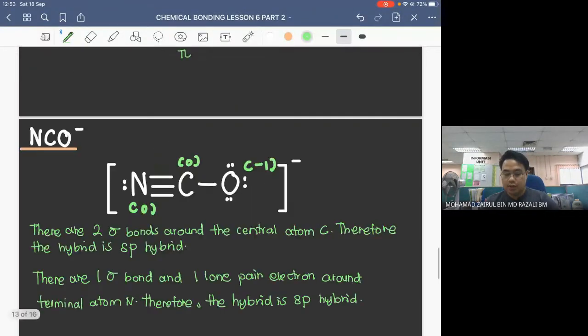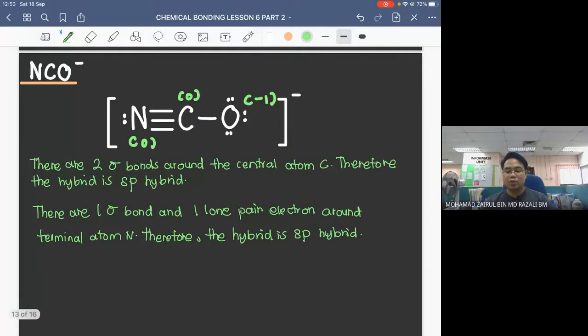Okay, so and then the next one is NCO-. Okay, NCO-, so if you draw the Lewis structure, awak akan ada N triple bond C and single bond oxygen. Okay, kalau awak kira formal charge dia, the most plausible structure itu apabila formal charge -1 itu ada dekat oksigen.